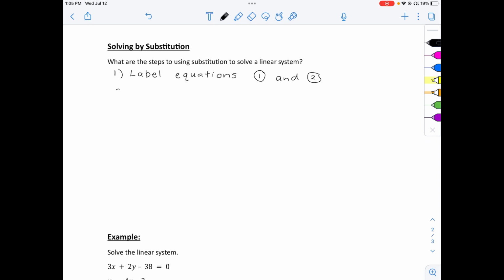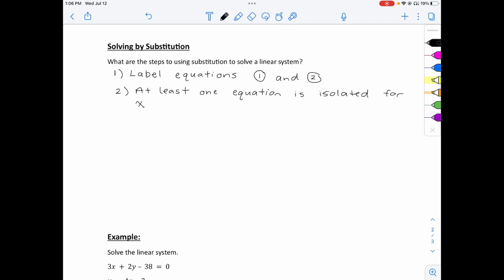Then the important thing is you want to make sure that at least one of your equations is isolated for either x or y. This needs to be true so that you can substitute it in for a variable.